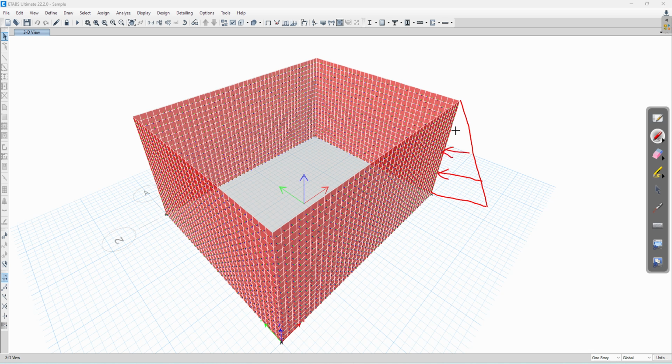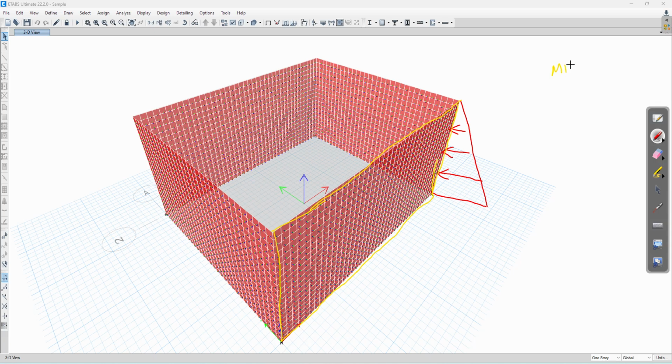It may be lateral load due to soil or uplift, and this is your wall. So this wall may bend in two directions.